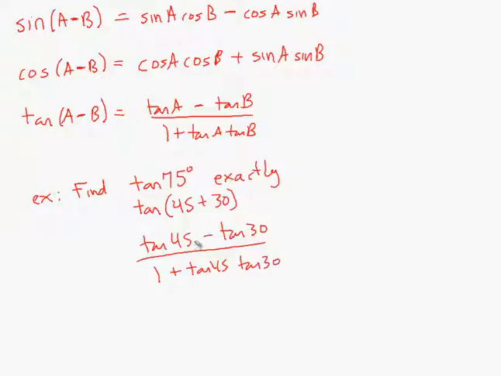Now we need to know what tan 45 and tan 30 are. Tan 45 happens to be 1. If you don't believe me, you can verify that with your calculator. And with your calculator, what is the tan of 30? You got a 0.6? 0.573. Okay, so that's either going to be root 3 or it's going to be root 3 over 3.